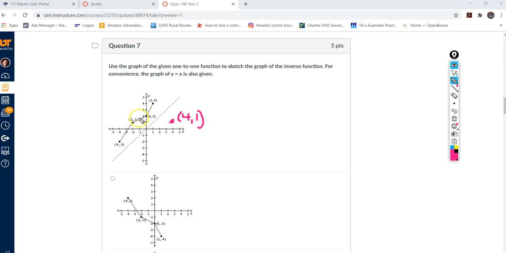So 0, 2 is on f, so 2, 0 will be on f inverse. -2, 1 is on f, so 1, -2 will be on f inverse. And -4, -2 is on f, so -2, -4 will be on f inverse.